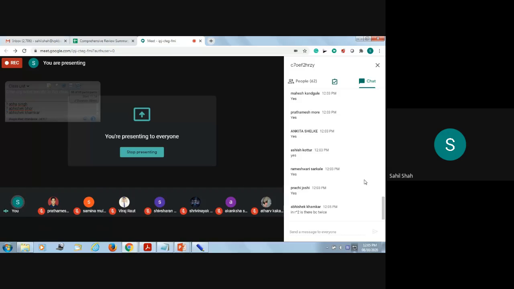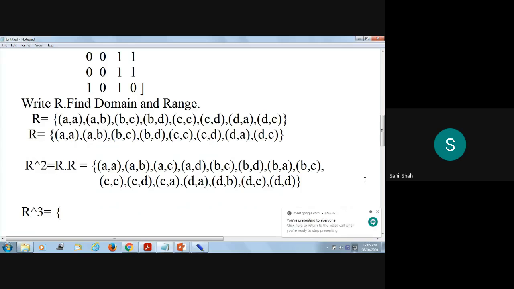In R square, is there BC twice? Have I written BC twice? Yeah, yeah. It was my mistake. Okay. Good to know that you are keen in checking out my solutions. Very nice. There should not be any repetition in a relation. You should have distinct pairs only.